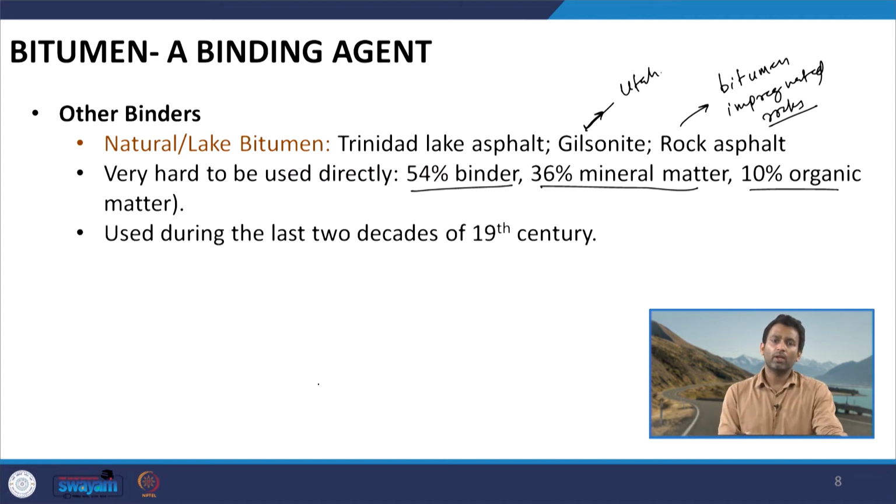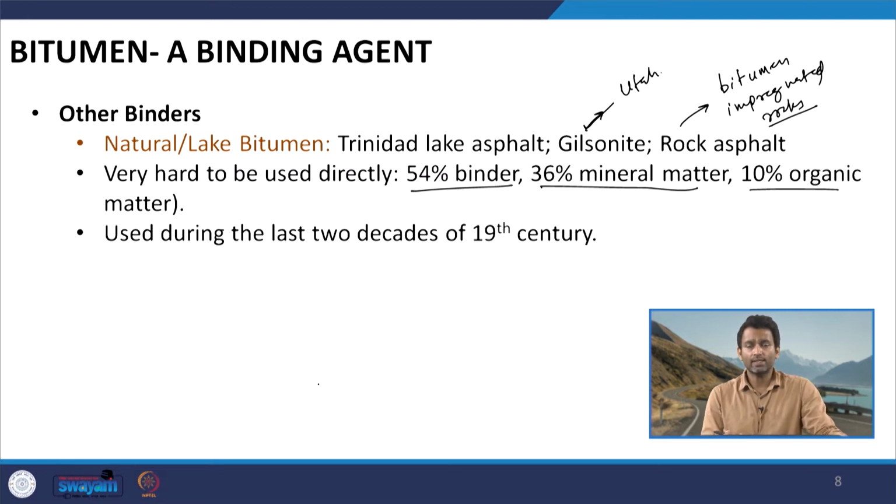The natural bitumen are presently not being popularly used for construction after the fractional distillation of crude oil started, but these were used during the last 2 decades of 19th century when the manufactured bitumen was not available.